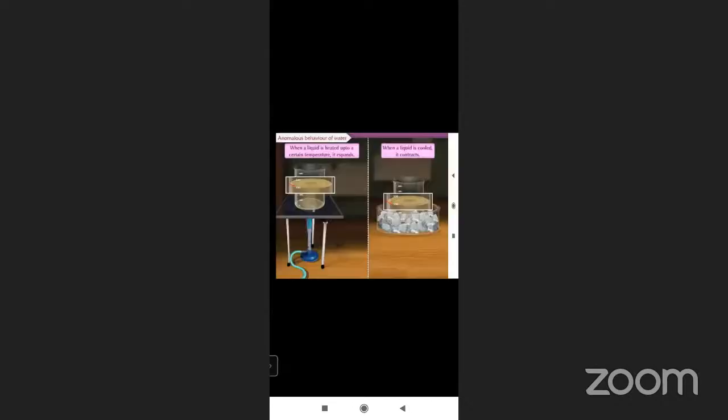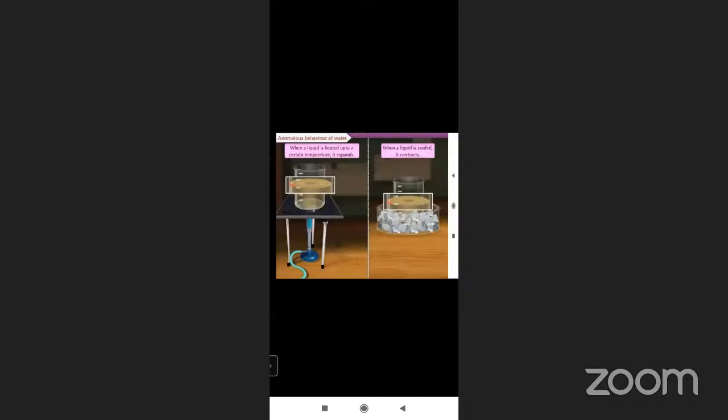So what is the definition of regulation? The phenomenon in which the ice converts to liquid due to the applied pressure and then reconverts to ice once the pressure is removed is called regulation. Clear? Maybe you understood this activity and the definition of regulation. Now we'll see how it happens.